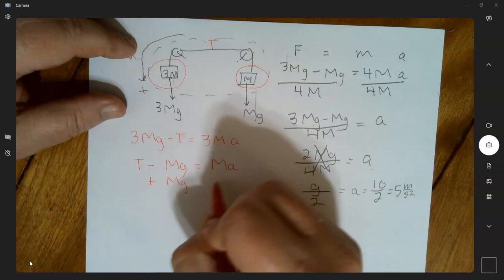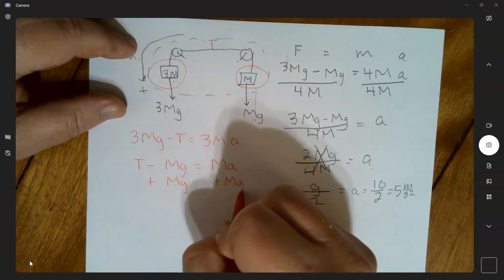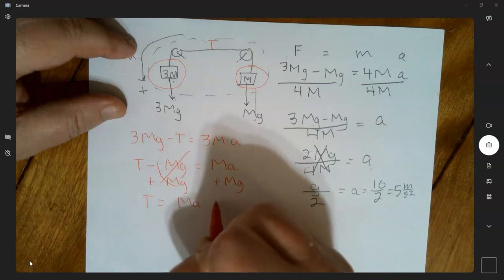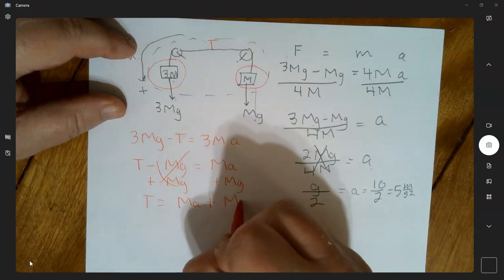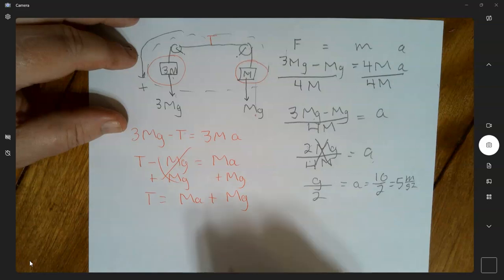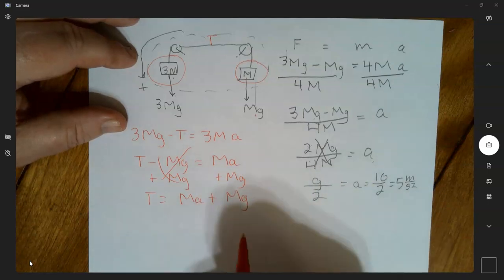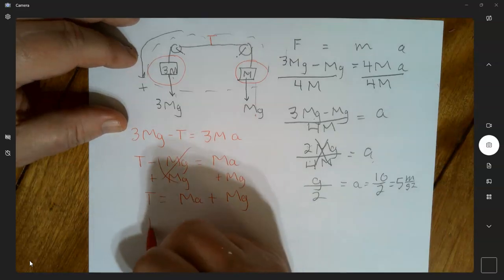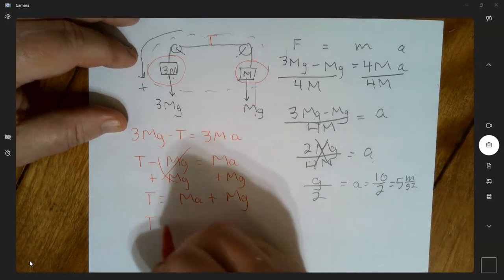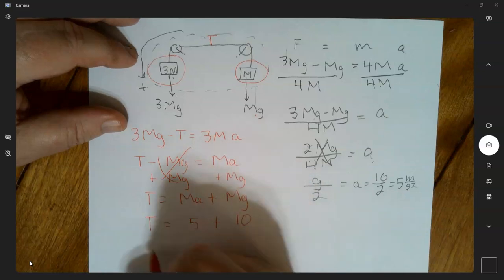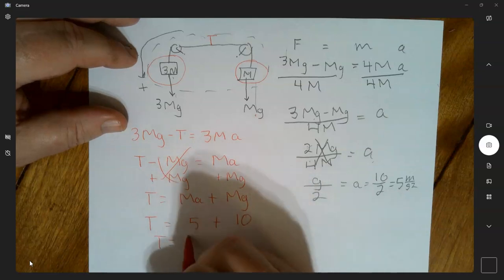I'm going to add mg to both sides. Okay, there you go. mg is 1 times 10 is 10. ma is 1 times 5 is 5. So T is 5 plus 10. T equals 15 newtons.